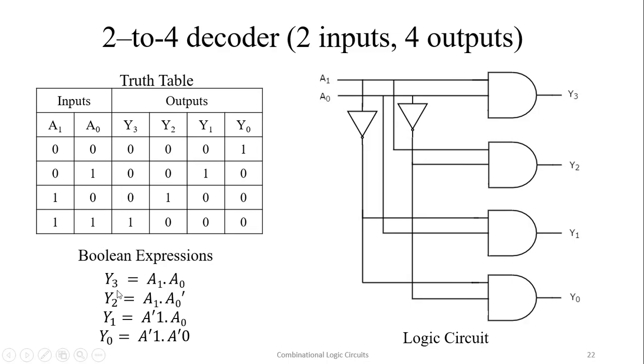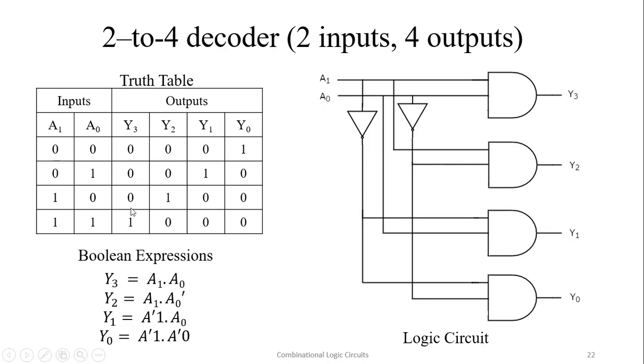To implement this circuit, this is an AND operation, A1 and A0 through inverter. So for Y0, A1 and A0 are applied through inverters because both are 0. For Y2, A0 is applied through inverter because A0 is 0.